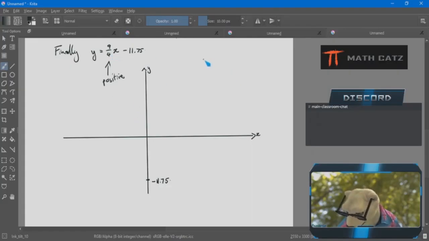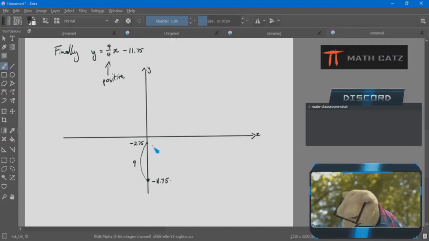So to the right is positive. So that means if I go 9 steps up, that's going to get me to negative 2.75 in this case, because I like to go from the intercept towards the center. You don't always need to do that. It's just easier to put things in the right place.